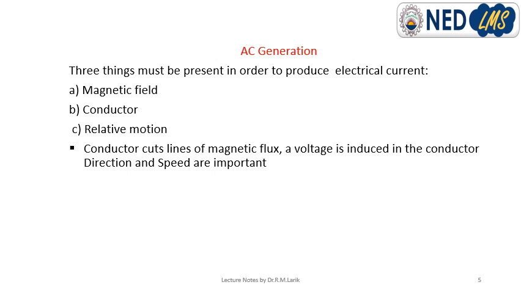Recall your basic knowledge of how electricity is generated. You need a conductor, which conducts electricity, and a magnetic field, and the third is relative motion between the conductor and the magnetic field. That relative motion produces an induced voltage inside the conductor.